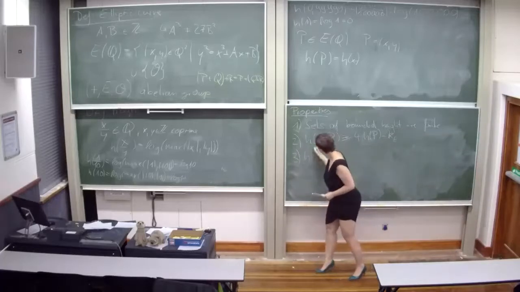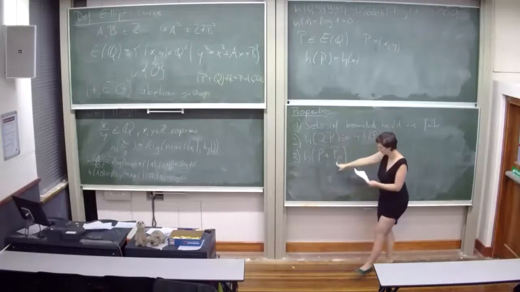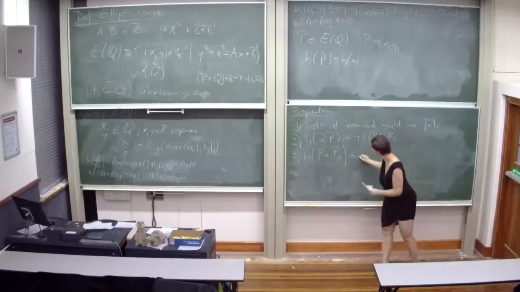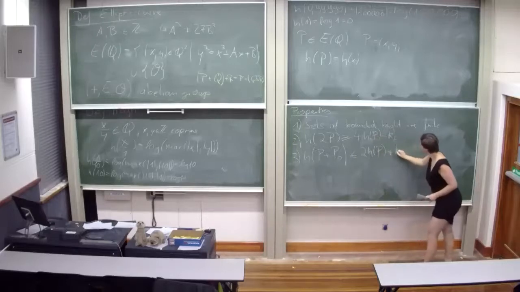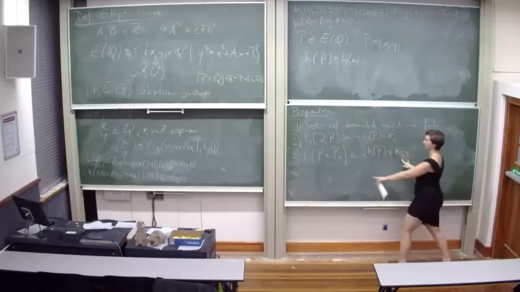Yeah, I'll also write that one. If you take one point fixed, p0, and add any other point to it, then you have this inequality with some constant here depending on the curve and this point.